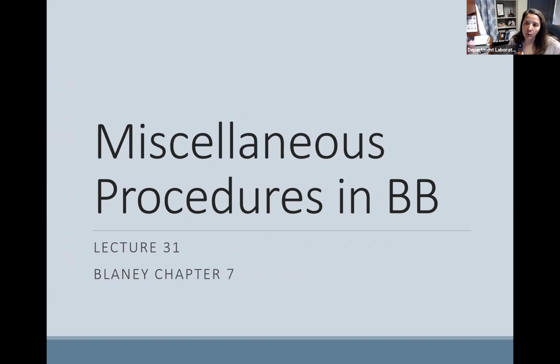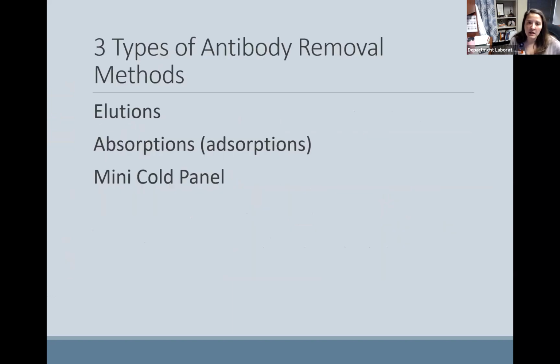All right, lecture 31, we're going to talk about some miscellaneous procedures in blood bank. We're going to review adsorptions again, elutions, and some other special testing in blood bank. We want to talk about antibody removal methods, and those include elutions, where you are eluting off the antibody that is coating the patient red cells.